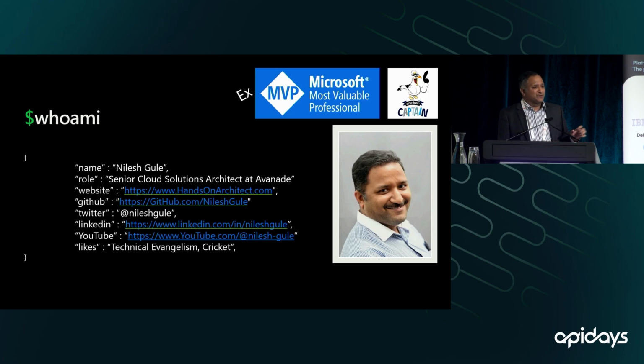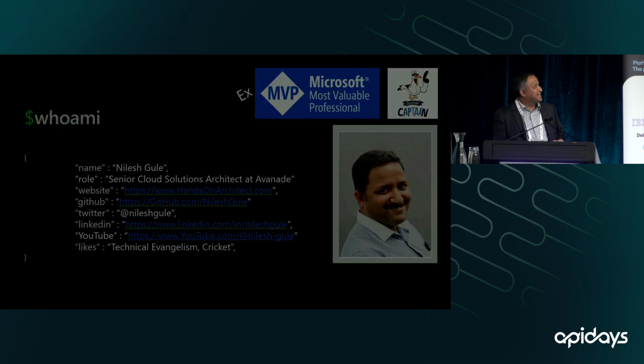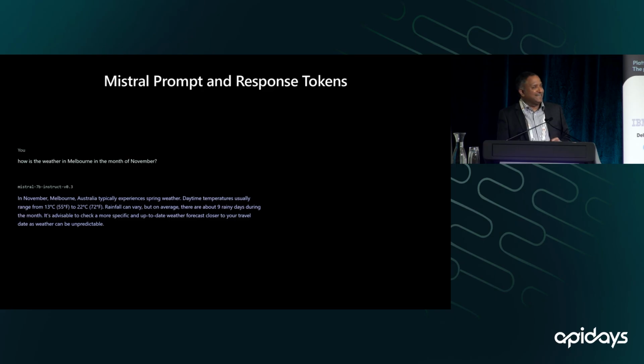When you start talking about generative AI, for the first step, like hello world, people would ask a large language model, why is the sky blue? I tried a slightly different version of that. I asked a question about Melbourne weather, because we are in Melbourne and we have such unpredictable weather.